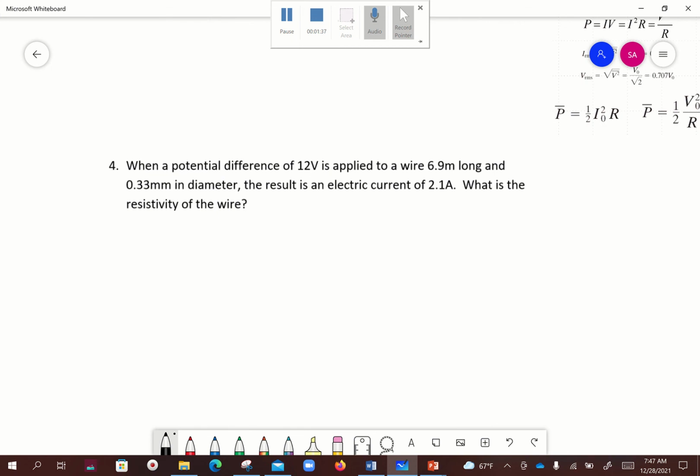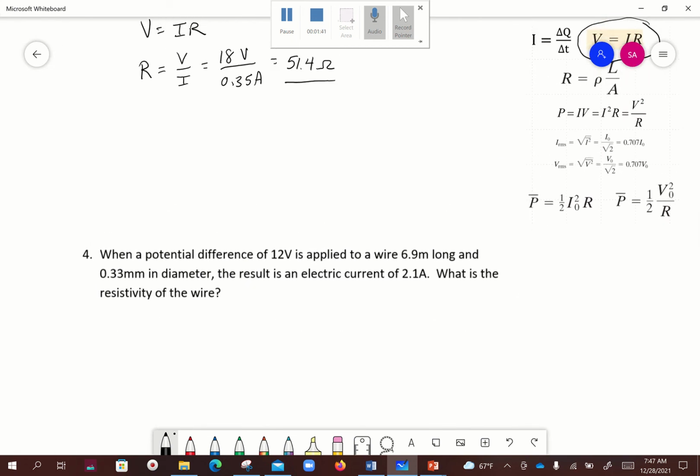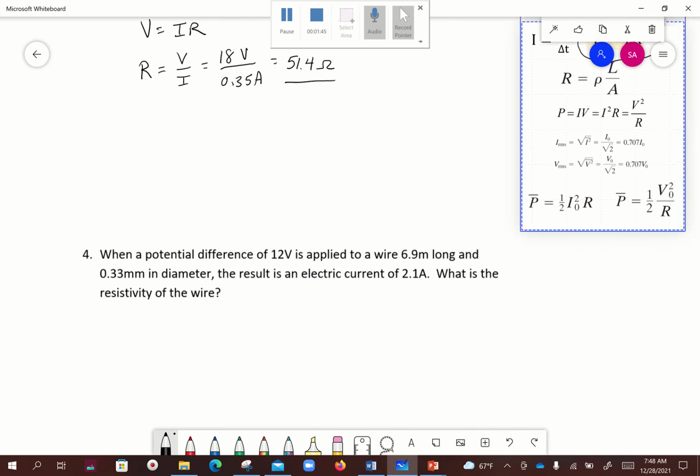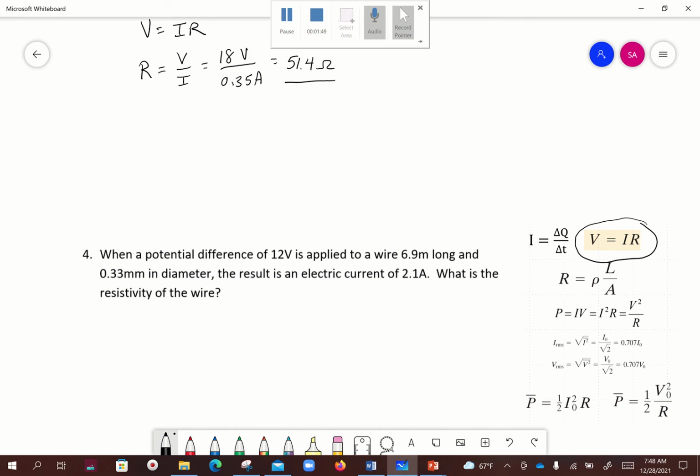When a potential difference of 12 volts is applied to a wire 6.9 meters long and 0.33 millimeters in diameter, the result is an electric current of 2.1 amps. What's the resistivity of the wire? Okay, so a potential difference of 12 volts, so V equals 12 volts, is applied to a wire 6.9 meters long.